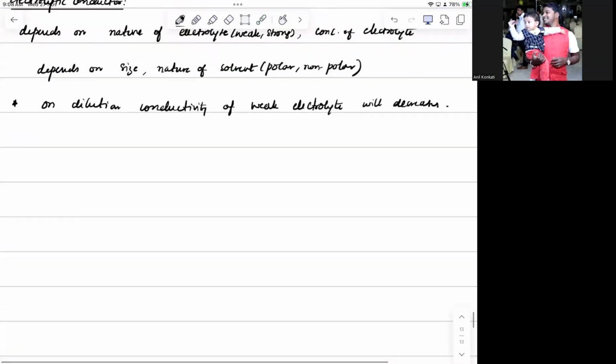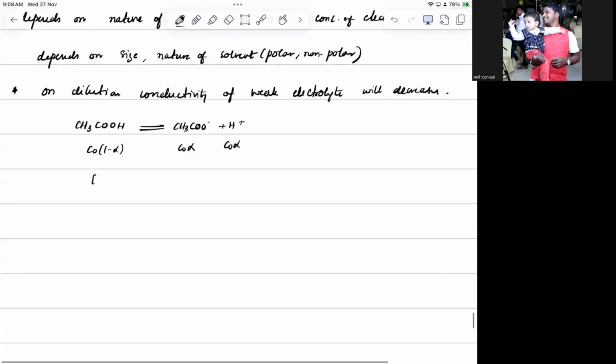Got it? So for example, if you take CH3COOH, it is a weak electrolyte ionizing into CH3COO minus plus H plus. Generally we write the degree of dissociation as alpha. And you know that H plus concentration will be equal to the square root of Ka into C naught.